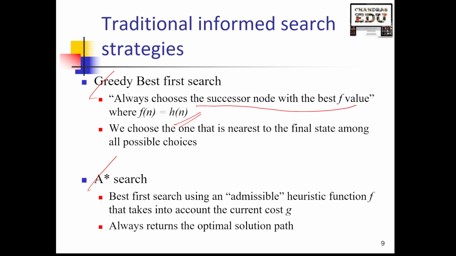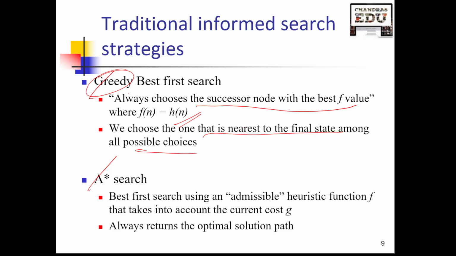That means we are at some node n, and from that node, what is the best way to reach the goal node. That is what we see in greedy best first search. We choose the one that is nearest to the final state among all possible choices. So we are just trying to be greedy to reach the solution. That is how it got its name, greedy best first search.